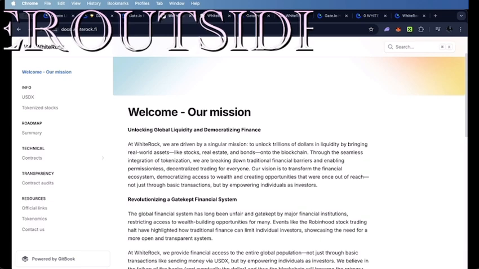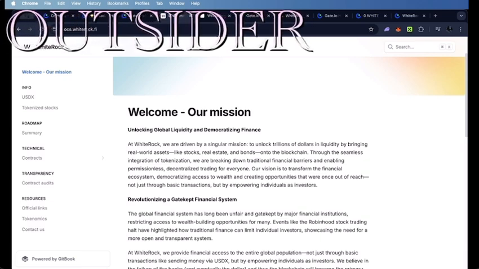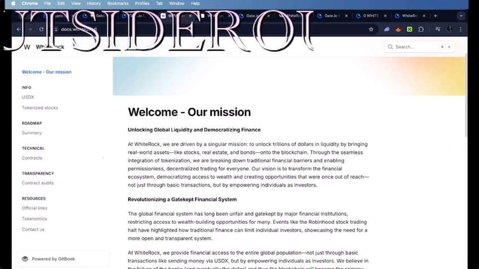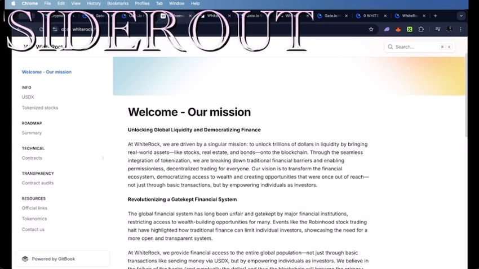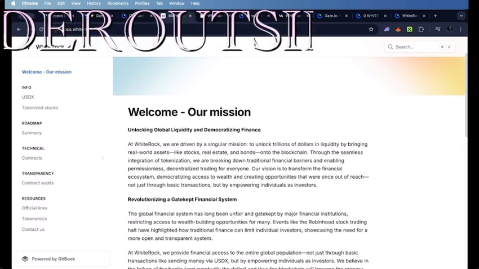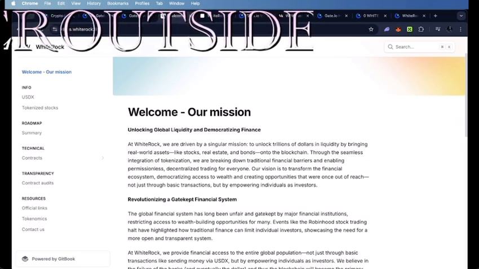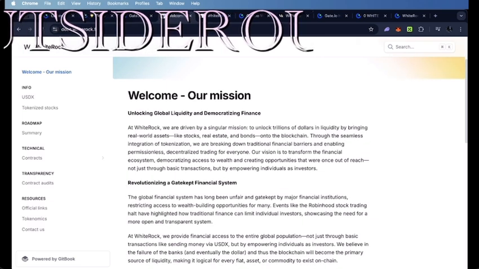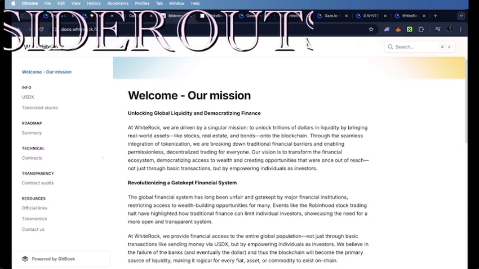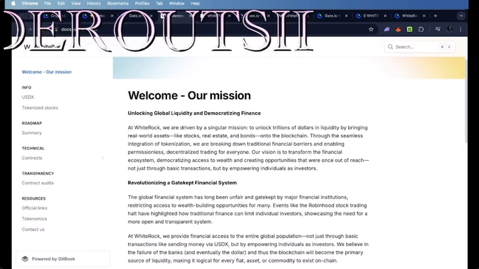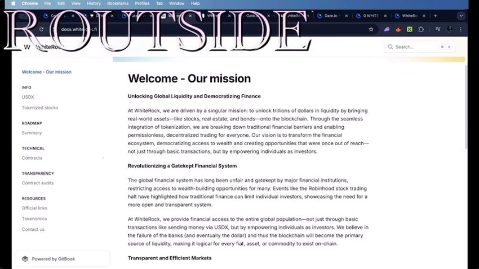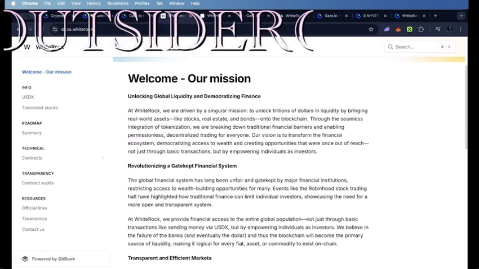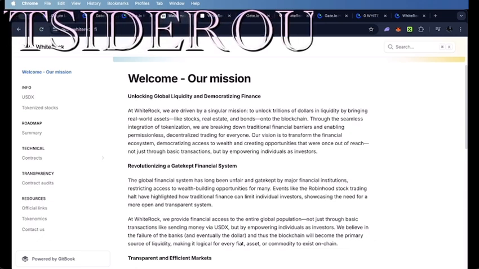Okay. Unlocking global liquidity and democratizing finance. At Whitechart we are driven by a singular mission to unlock trillions of dollars in liquidity by bridging real-world assets like stocks, real estate, and bonds onto the blockchain. Through the seamless integration of tokenization, we are breaking down traditional financial barriers and enabling permissionless, decentralized trading for everyone.